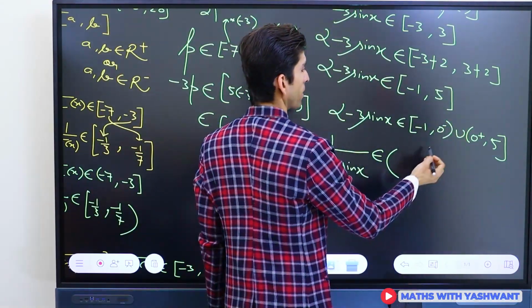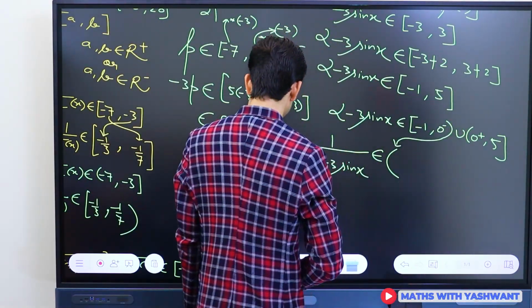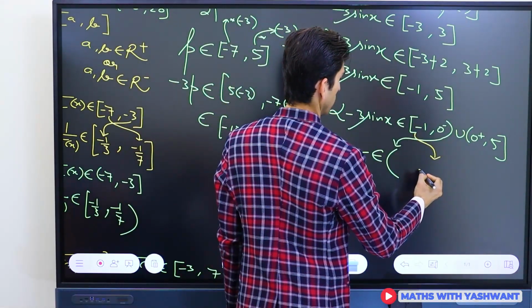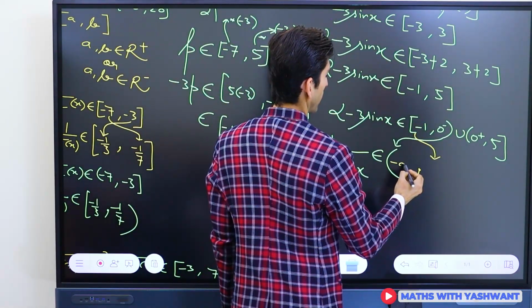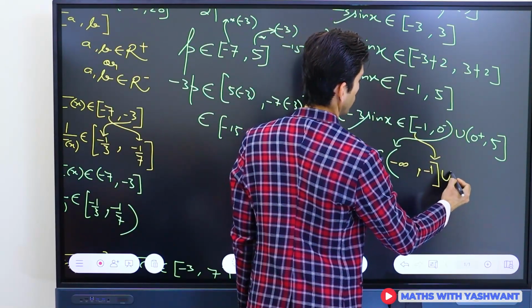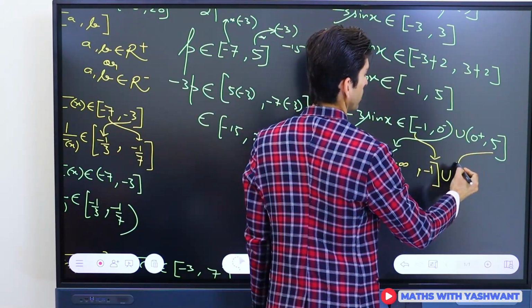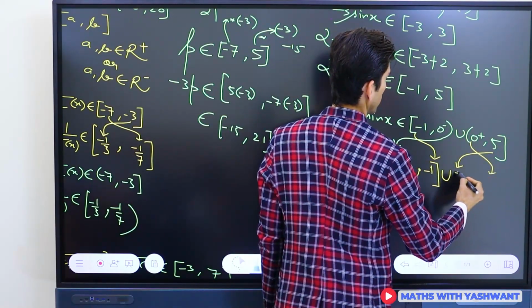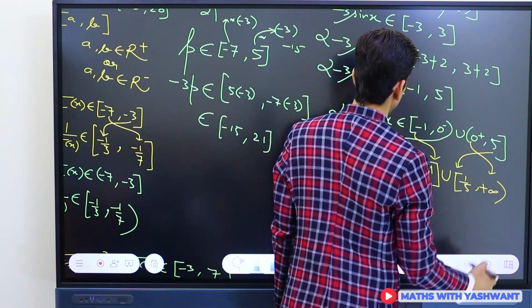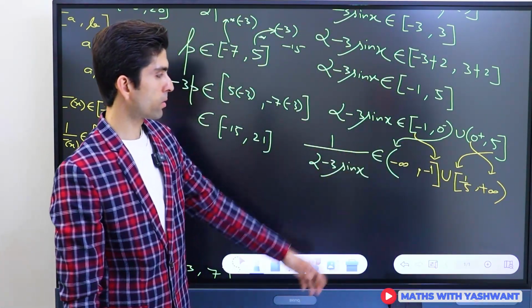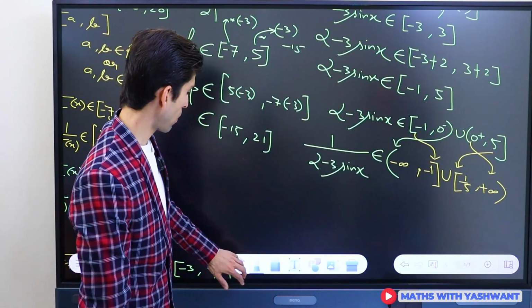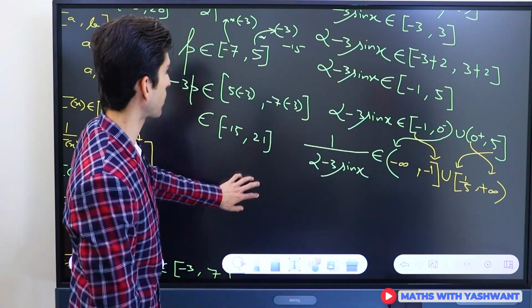So 1 upon 0 negative is negative infinity, and it will be -1, then union. Now we do the reciprocal and reverse the order, so it is 1 by 5 and positive infinity. So we have the range. That's all for this question, and let's solve the second question.